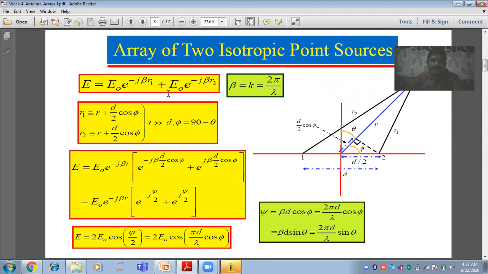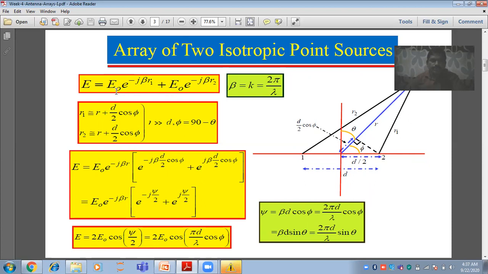So now in the first case, we are taking the antennas supplied with currents of the same amplitude and the same phase. Here both the amplitudes are the same, E naught and E naught.